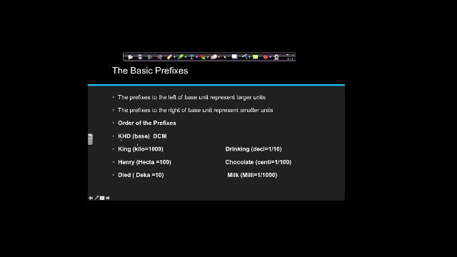So a kilometer and a meter are 3 units apart. So 1 kilometer is equal to 1,000 meters. I know that because the kilo is 3 places away from the base unit, 1, 2, 3, so it has 3 zeros. And a kilometer is bigger, so 1 kilometer is equal to this many meters.